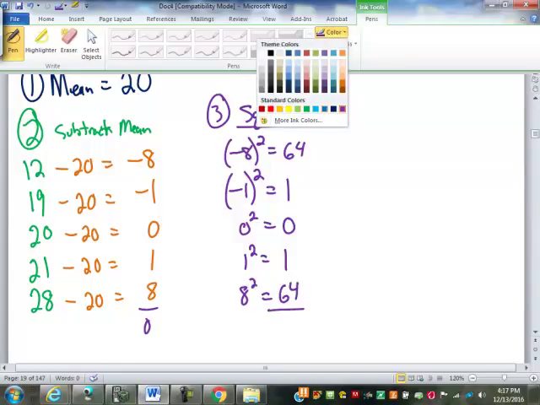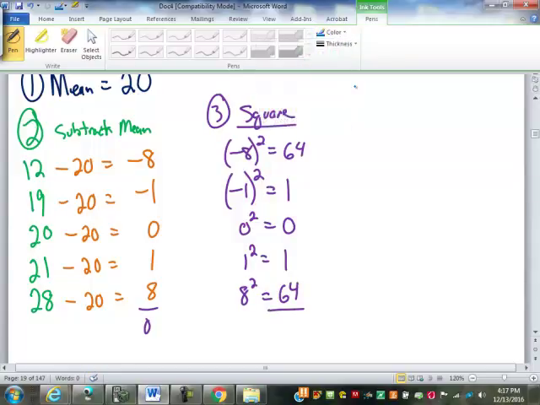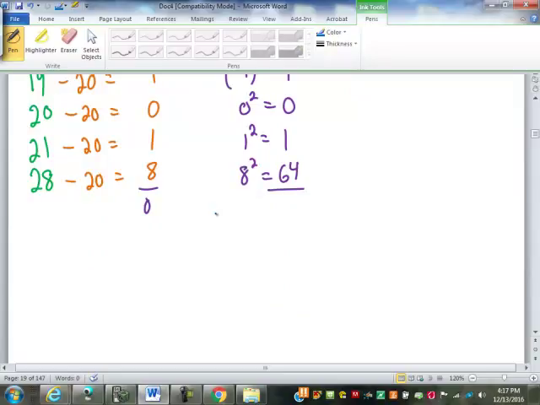What is step 4? Total. Total of what? All these. What's that add up to? 130.